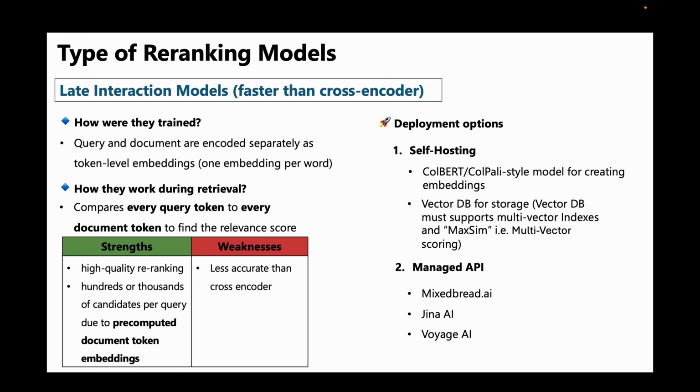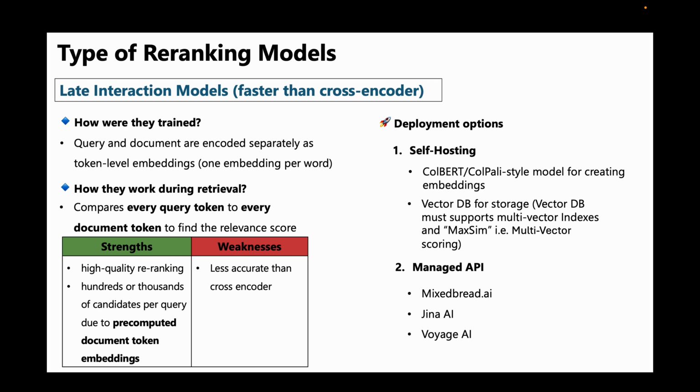The second approach is to use late interaction models, which are Colbert style architectures. In the late interaction models, we use token level embeddings, which means we convert every word or token in the query and in the document chunks into its own vector embedding.